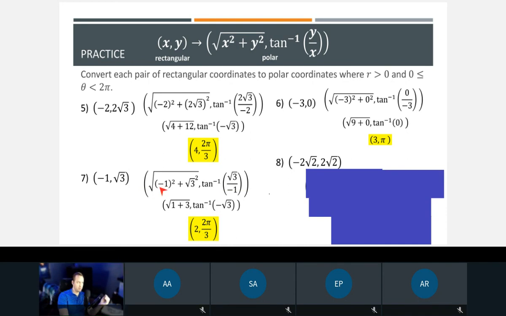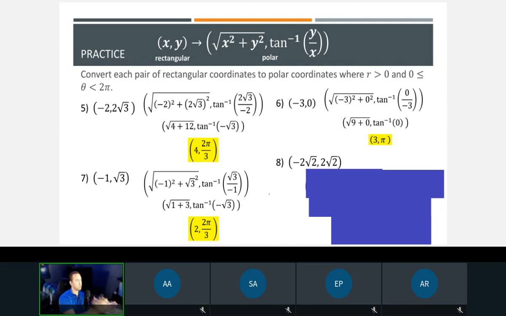Based on the conversion, a radical of anything cannot be negative. You also don't want imaginary or complex numbers. That's something different we're going to learn later in this unit. So 2, and then for the next one, I'm just going to show the work and the answer.